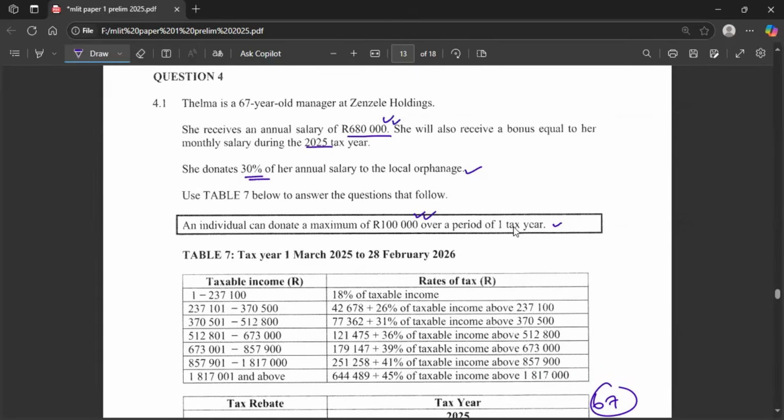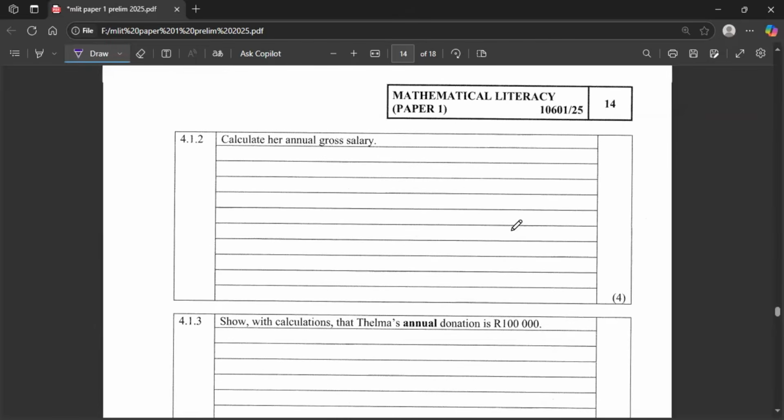Okay, so we have the 680 plus the bonus that is equal to the monthly salary. So let's start with the monthly salary. We're saying 680,000 divide by 12. The answer I'll get, I'll need to plus the 680,000. Remember this is like a bonus. So 680,000 divided by 12 is going to be 56,666,67.